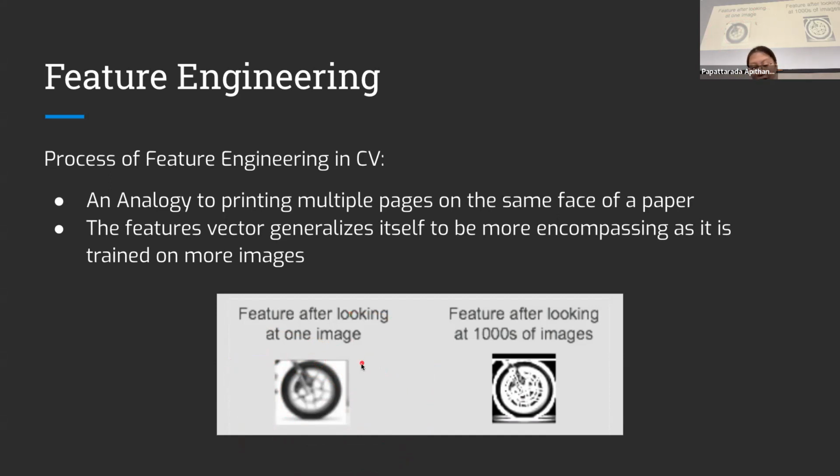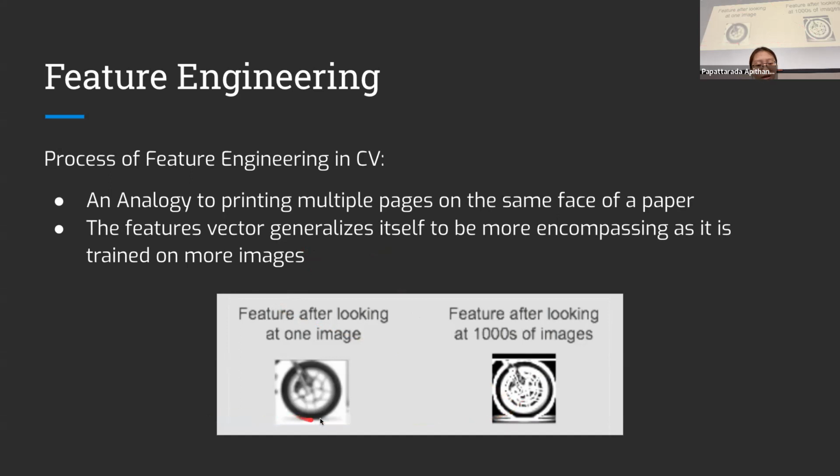What you would do after that is feed the computer more images and have them imprint more on the same picture. The more wheels it looks at, the more the computer will generalize how the feature should look.